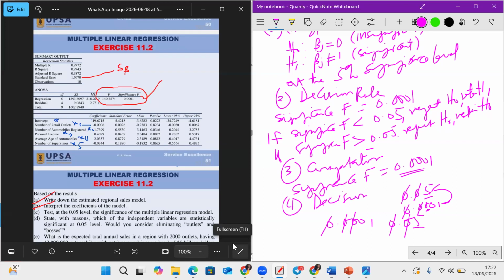So we say 0.0001 is less than 0.05. So of the two decisions in the decision rule, which one do we go for, the first or the second?